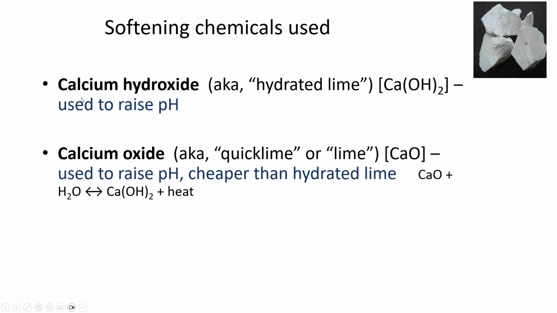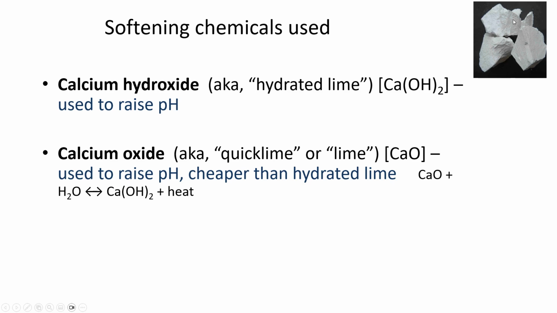But even cheaper than hydrated lime is quicklime. And sometimes it's just called lime. So calcium oxide. What calcium oxide does is when you add it to water, it turns into calcium hydroxide. So hydrated lime has already been turned into a liquid, whereas calcium oxide, you can buy as a solid chemical.